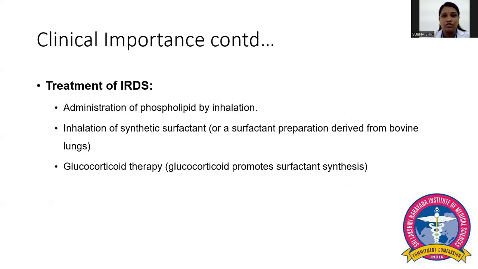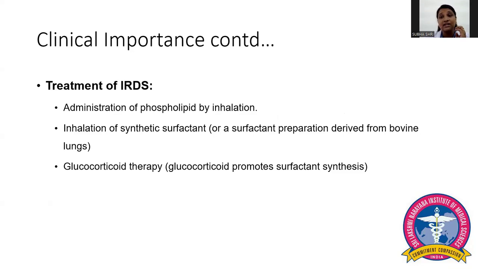So what is the treatment of infant respiratory distress syndrome? Usually we can administer phospholipids by inhalation. As we said, lipids are the main composition of surfactant. We can give synthetic surfactants to the child, and we can give glucocorticoid therapy to the child. Glucocorticoids will increase surfactant synthesis.